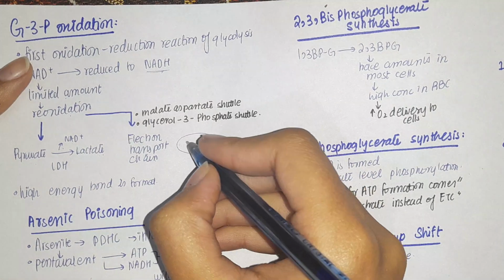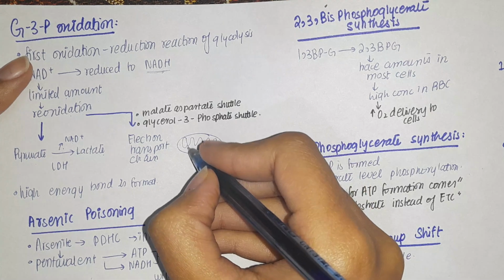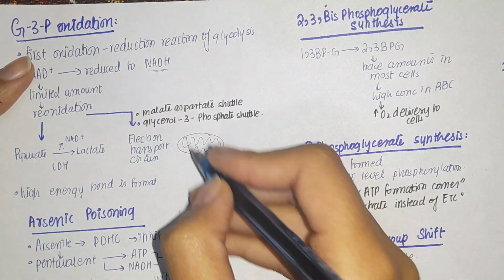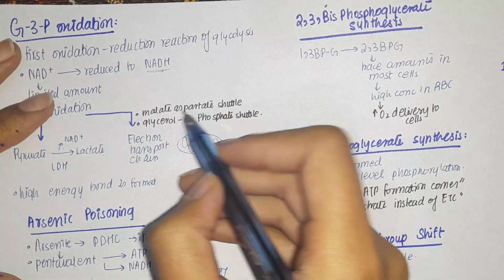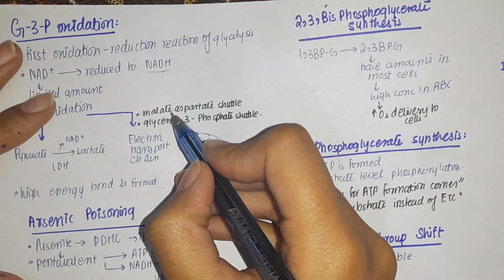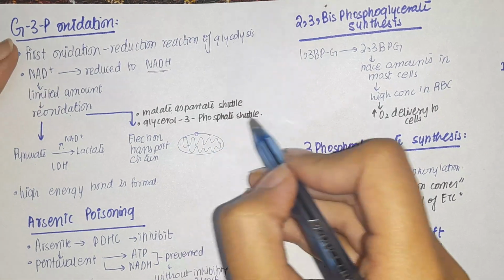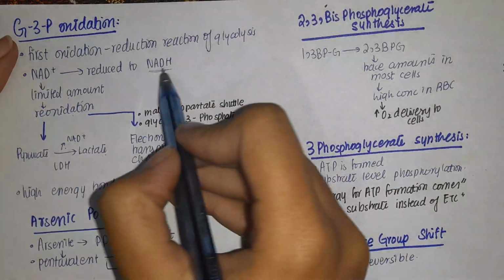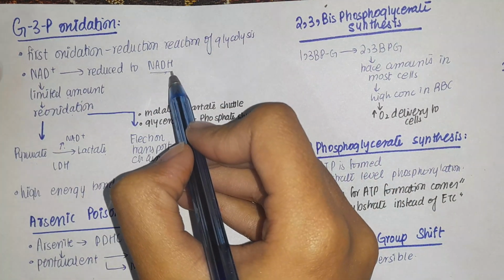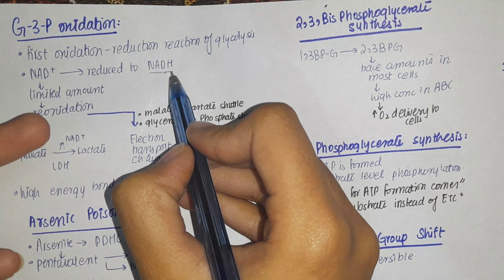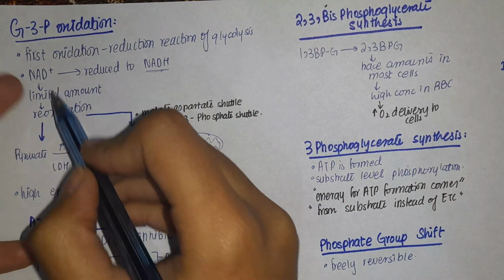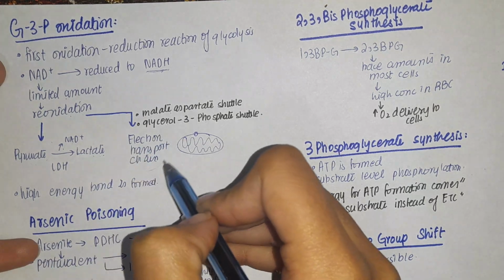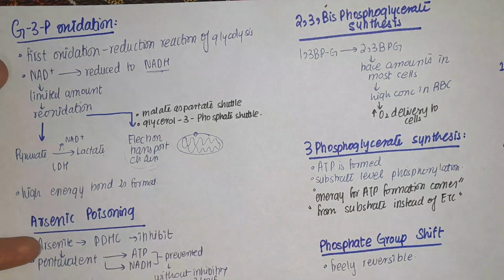Now they're saying that the electron transport chain occurs in mitochondria, and the NADH cannot enter the mitochondria. So how does it go into the mitochondria? It can go via the malate aspartate shuttle or the glycerol 3 phosphate shuttle. The major thing they wanted to say is that we can convert NADH back into NAD plus by this reaction, or by pumping it to the electron transport chain.